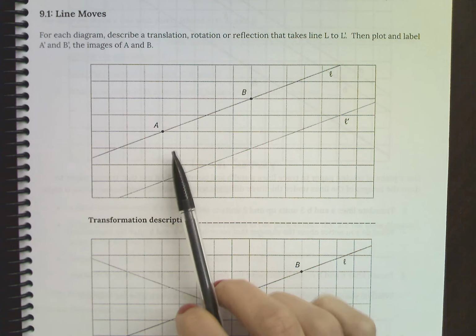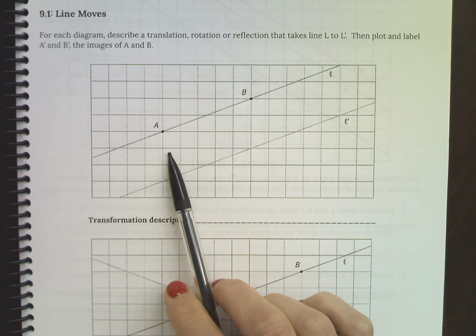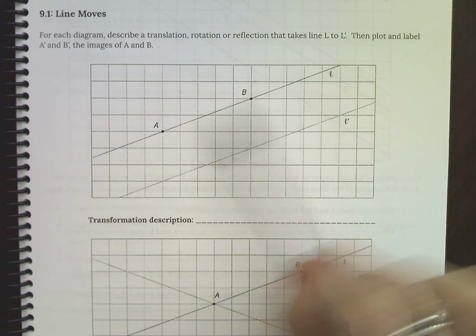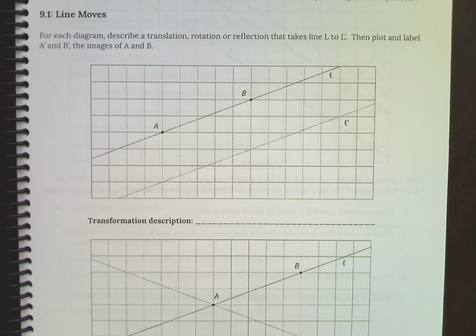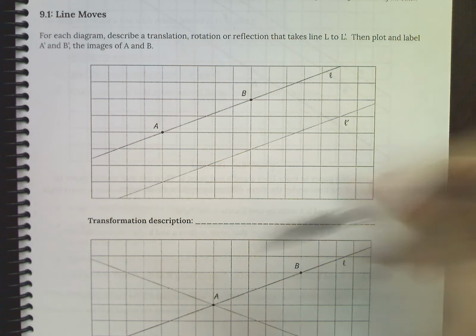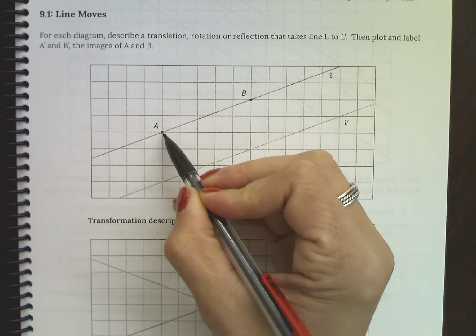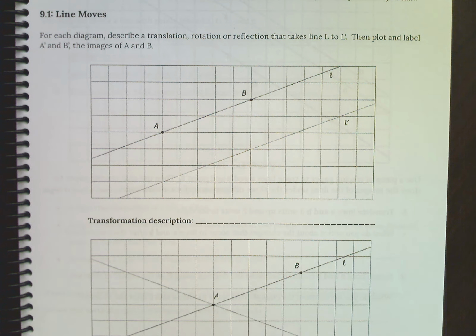For this first one, in my opinion, the easiest way to get from this line to this line is that it just slid down. It really just went from right here and slid down the entire line. I believe it's 4 units.